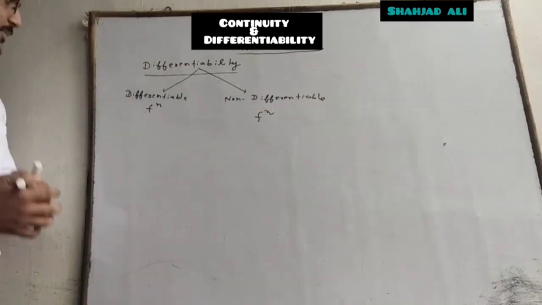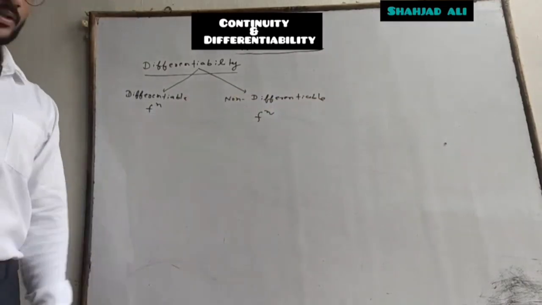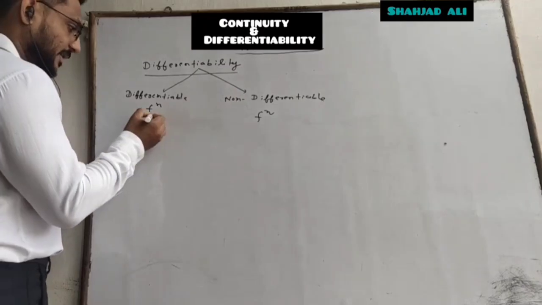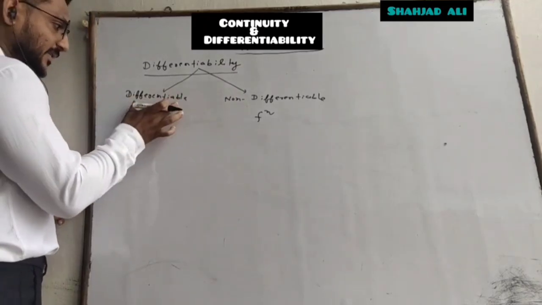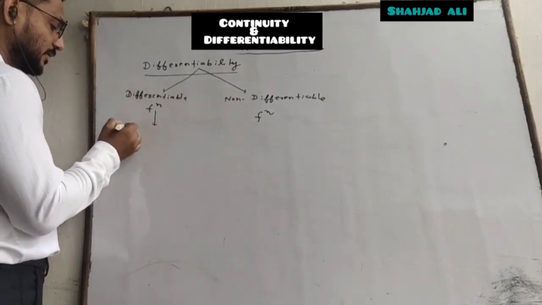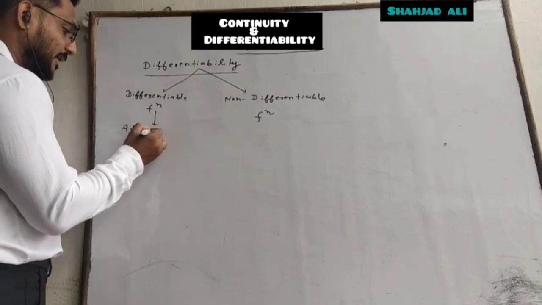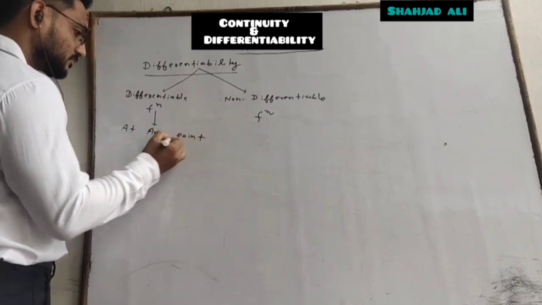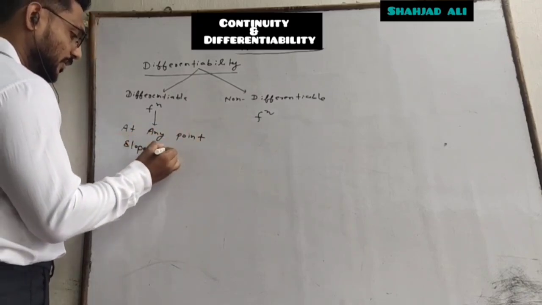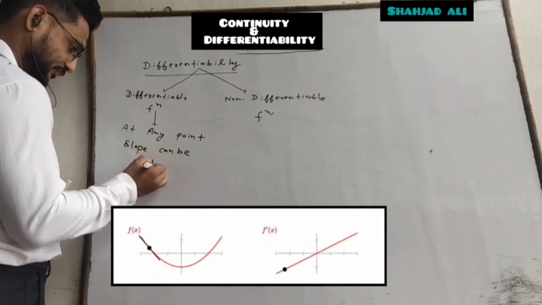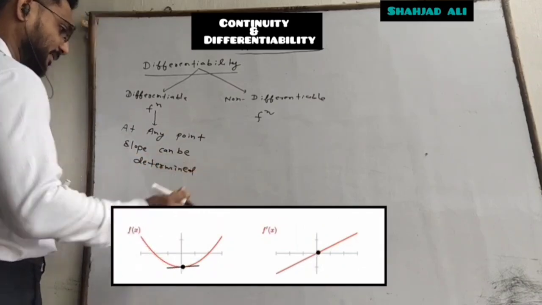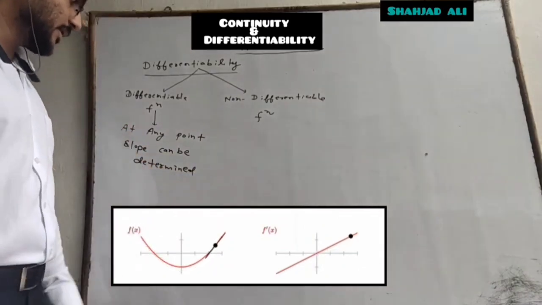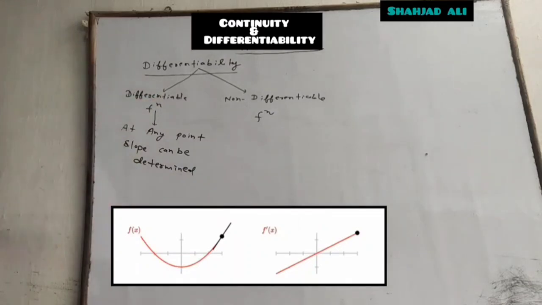So how will we identify? Firstly, a differentiable function is a function of which at any point the slope can be determined. It's very clear. If at any point you can determine the slope, that function will be a differentiable function.